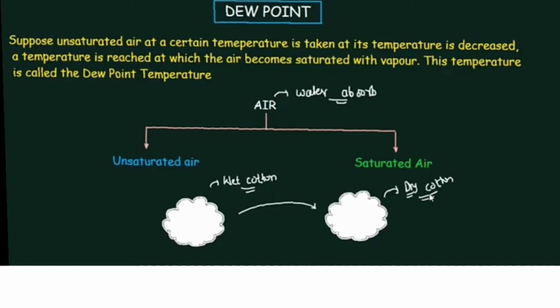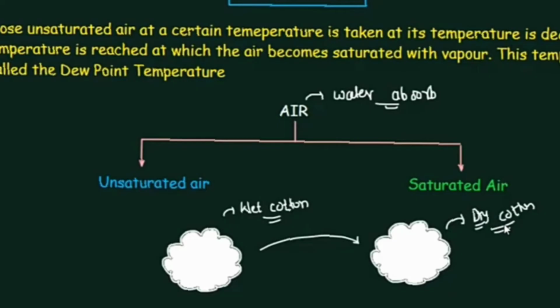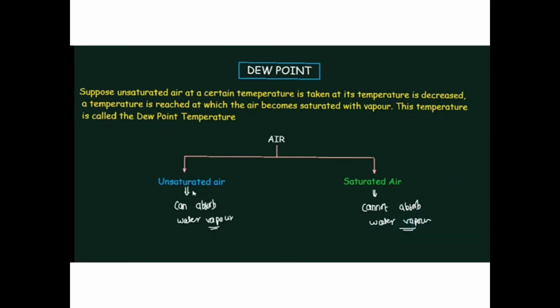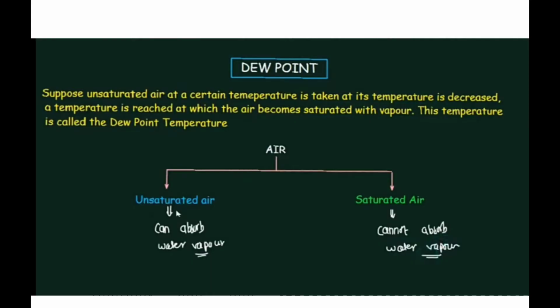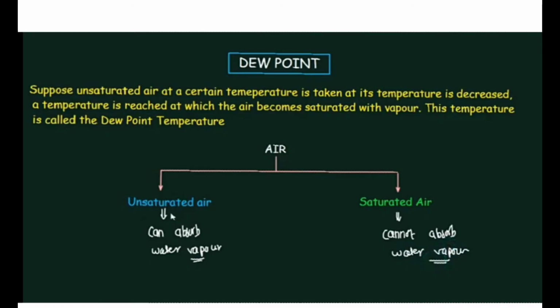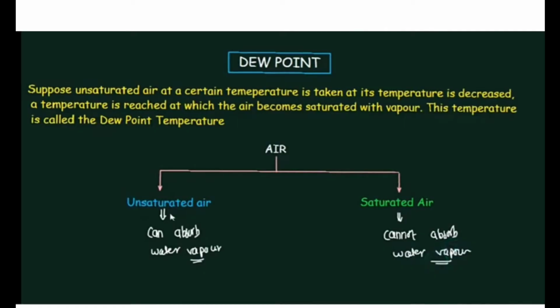So till the air is absorbing water, you can say that it is unsaturated. Unsaturated air can absorb the water vapor, and saturated air is the air which can't absorb the water vapor.